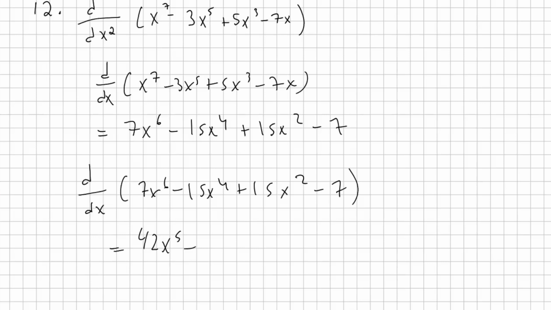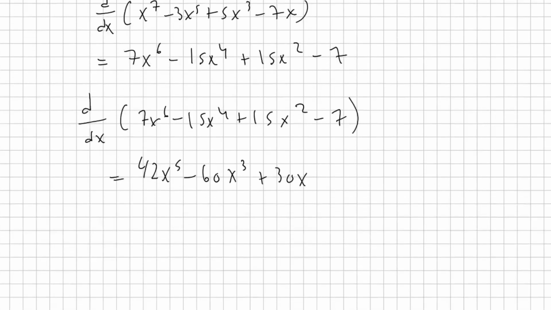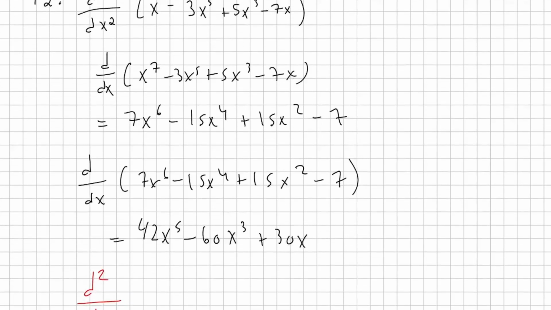So we get minus 60x to the 3rd plus 30x. And then the 7 will just disappear. So this is our answer. So we're going to write out here d squared over dx squared is going to be equal to 42x to the fifth minus 60x cubed plus 30x.